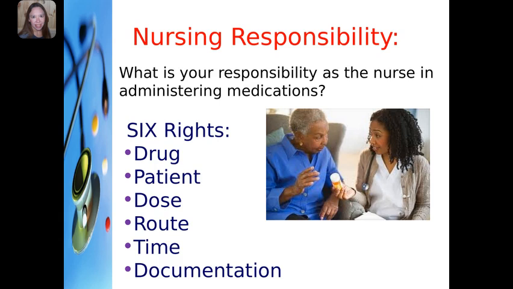A lot of these different medications we're going to talk about, they can be administered PO, they can be administered IV, they can be administered sometimes IM. So you want to make sure you're giving it correct according to the way the doctor ordered it. And then, of course, it could be a different dose depending on what route you are giving.